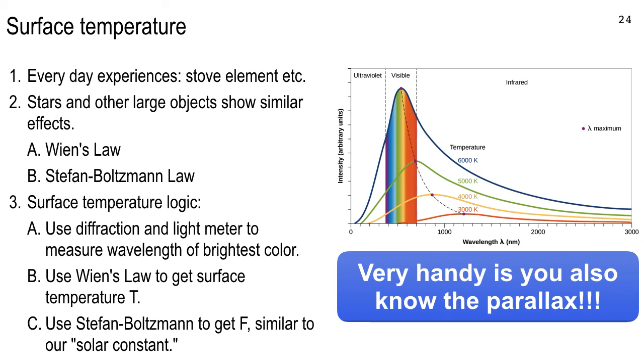And one of the nice things about the color, the temperature, is that you can usually measure it even if you can't triangulate a parallax distance. So we can see stuff in other galaxies.